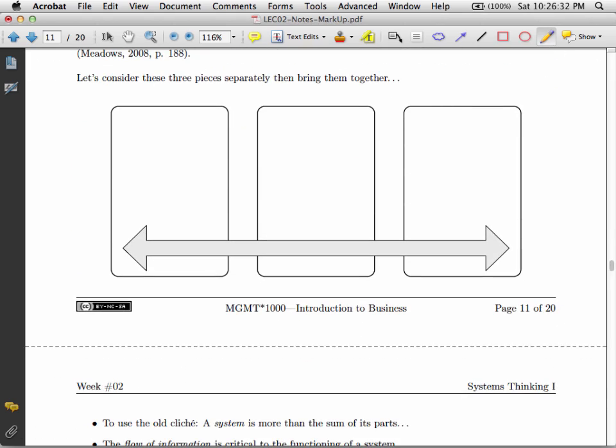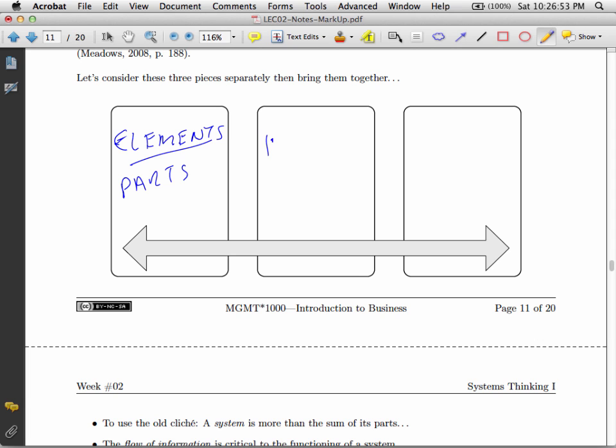Systems have a few defining characteristics. They have some elements or parts, and these are fairly easy to identify.